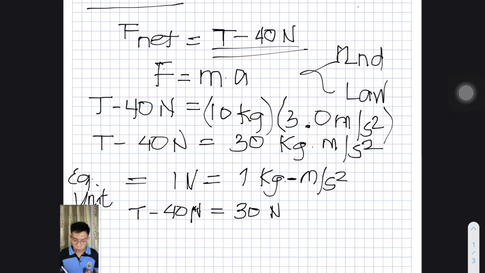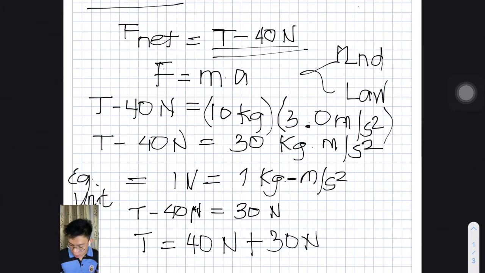We need to isolate the value, or transpose, para makuha natin yung unknown natin, which is the T. So therefore, T, or the tension force, will be the result when we add 40 newtons plus 30 newtons. Recall your grade 7 algebra kung bakit naging ganun yung ating sagot.